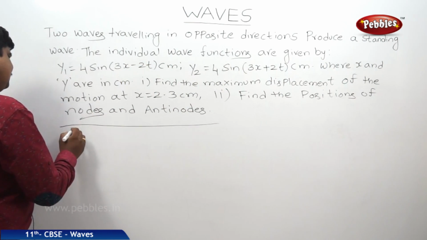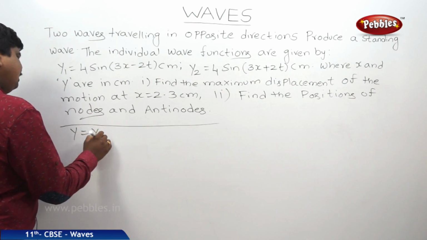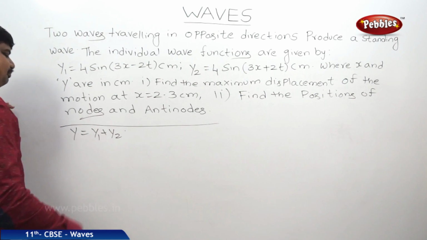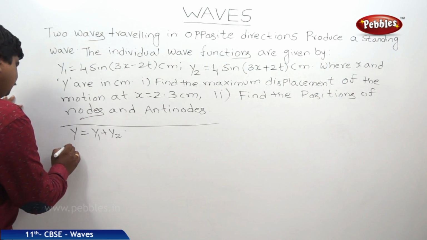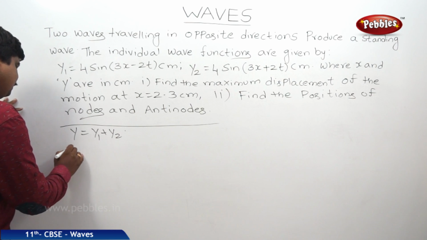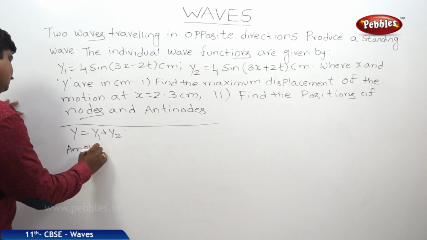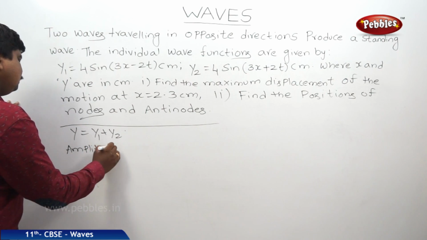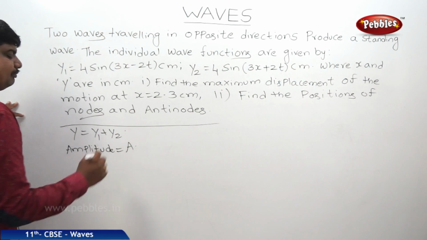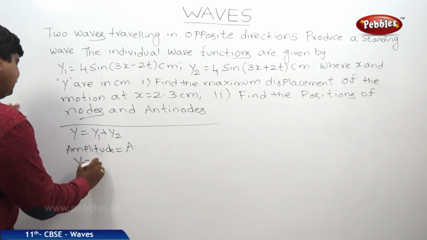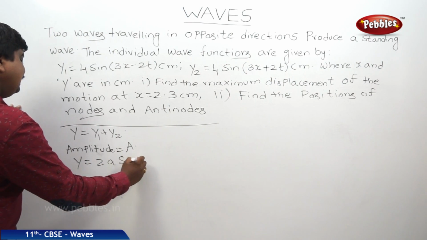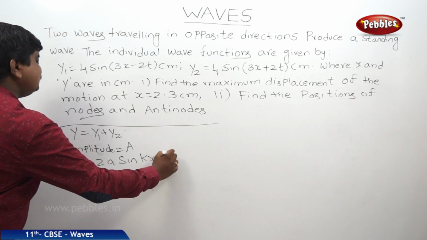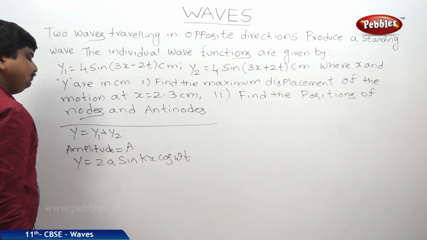The general equation is y = y1 + y2. So the displacement, the amplitude is equal to a. We know that y = 2a sin kx cos omega t.